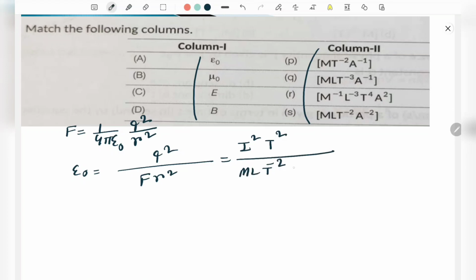Force is MLT to the minus 2, and that of distance is L square, so this becomes M inverse L to the power minus 3 T to the power 4 I square. I will be writing it down over here: M inverse L minus 3 T 4 and I square.